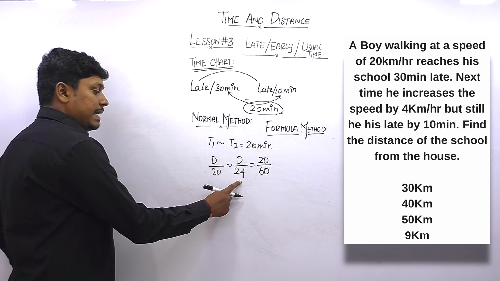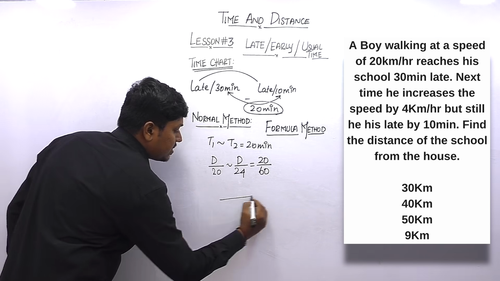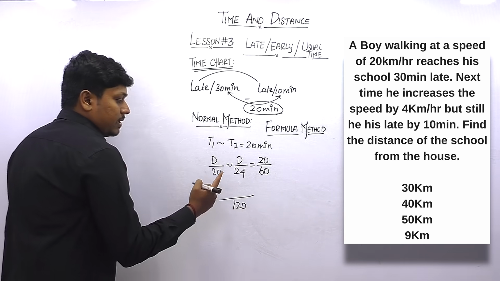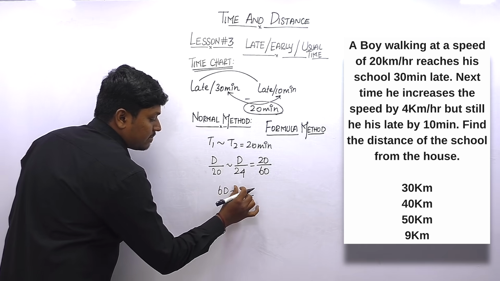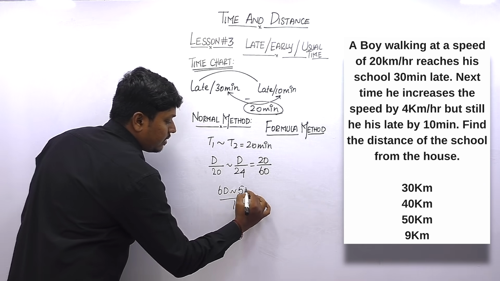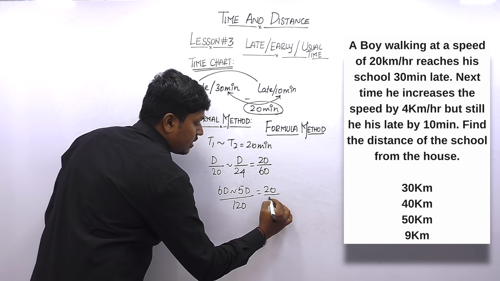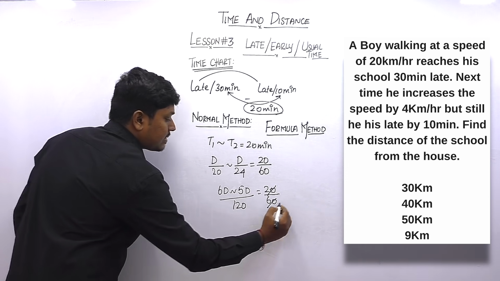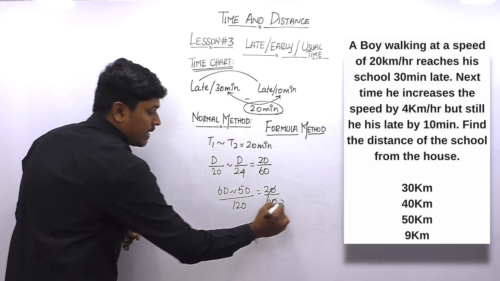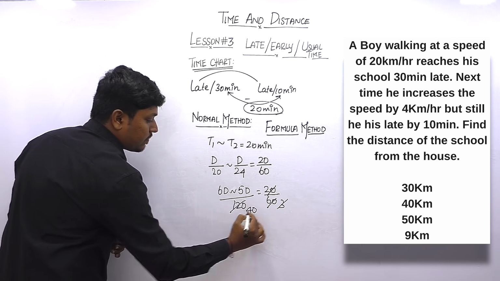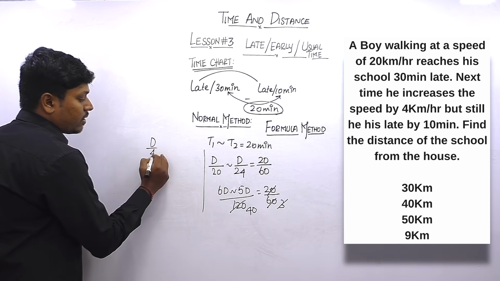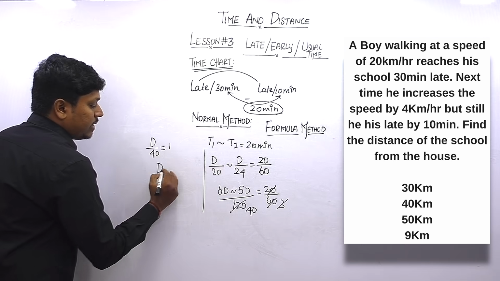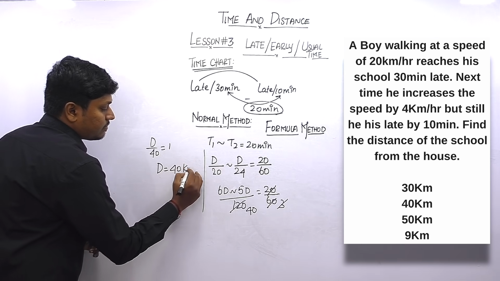I think we can take the LCM as 120. Once you take LCM 120, this will be 6 times, so 6d, and this will be 5 times, 5d, so 6d minus 5d equals 20 divided by 60. You can cancel this 3 times, and again cancel this 4 times, which is 40. So 6d minus 5d is d, so d divided by 40 is equal to 1, so d equals 40 kilometers.